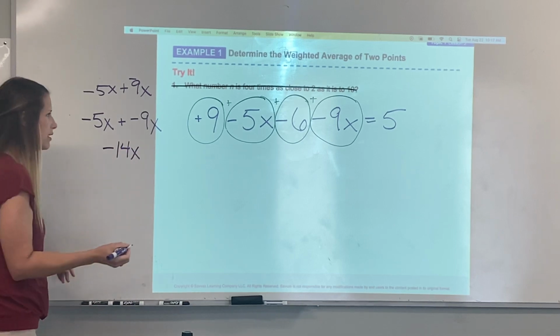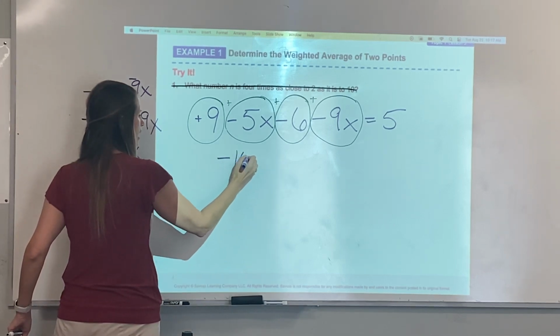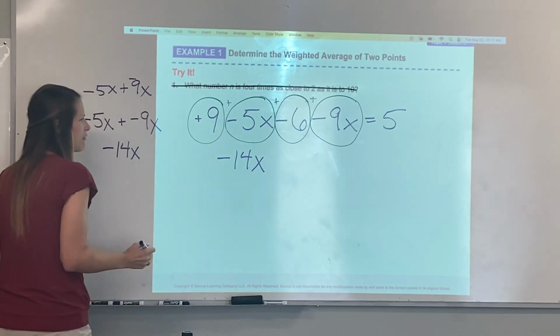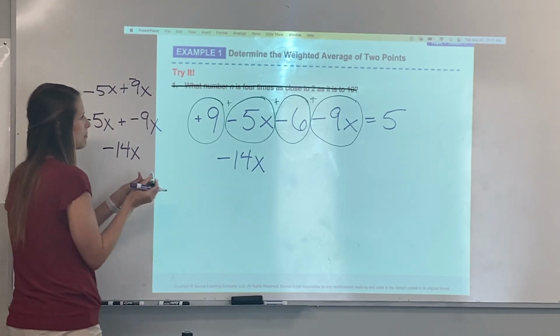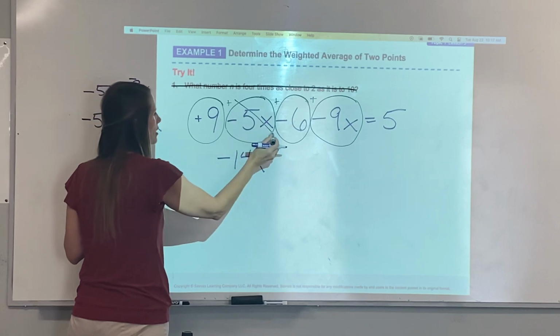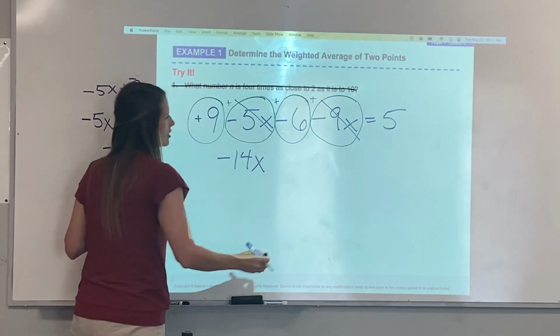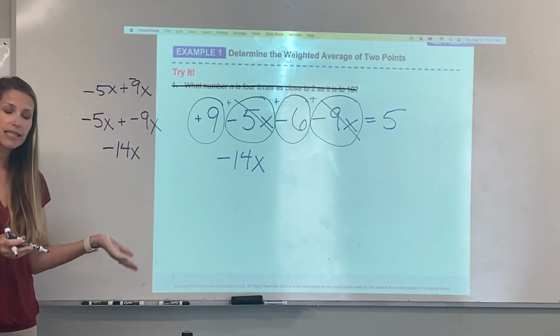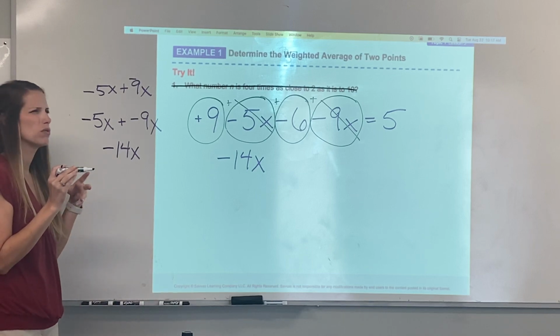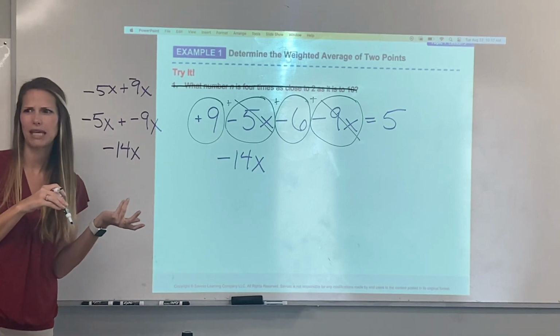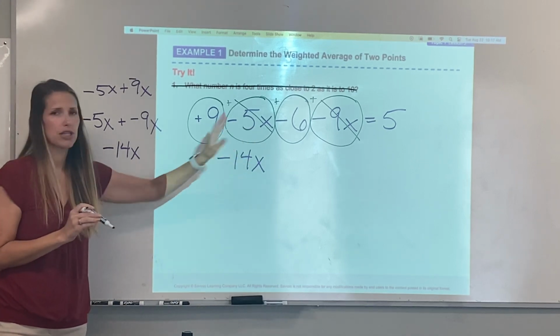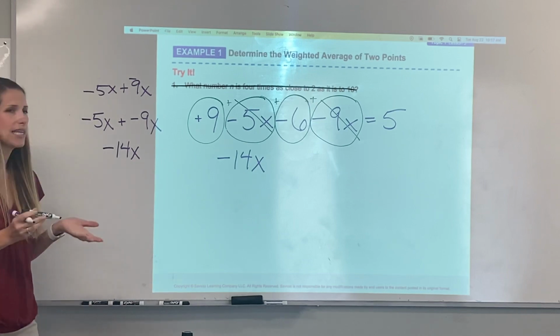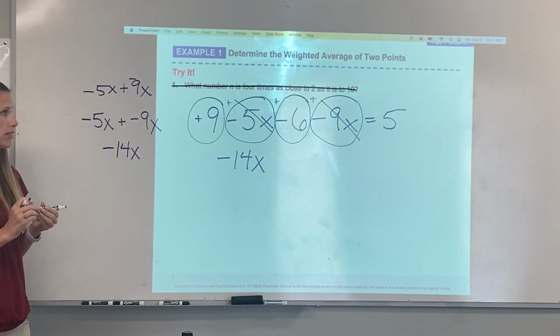So I'm going to write negative 14x because I have just simplified by combining these terms. I'm going to cross the terms out that I just combined, not so that I can't see them anymore, just so that I don't accidentally try to combine them again. Once they're combined, they're done. Do you see any more terms that can be combined?